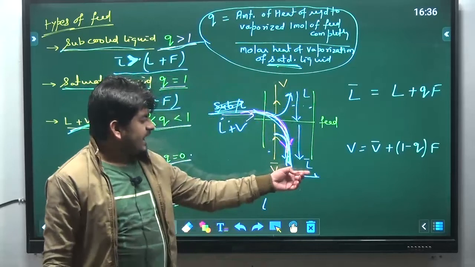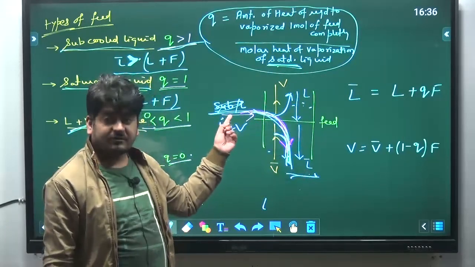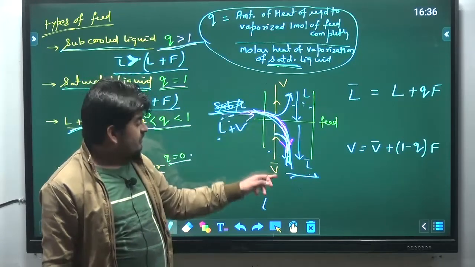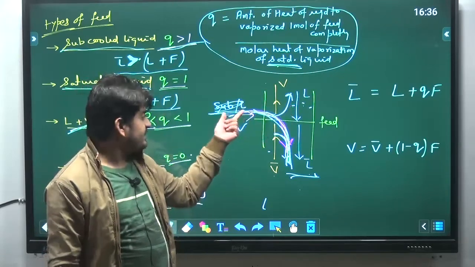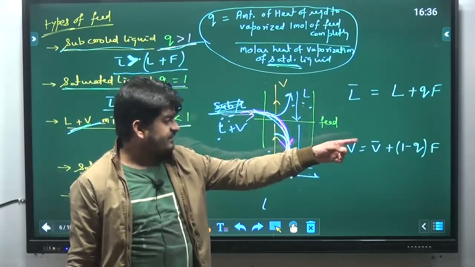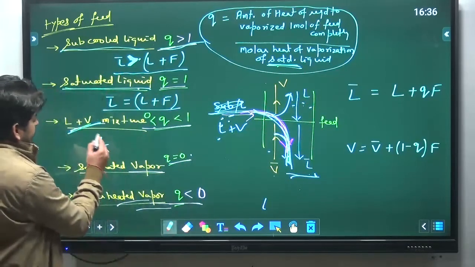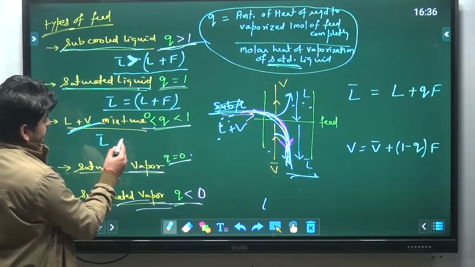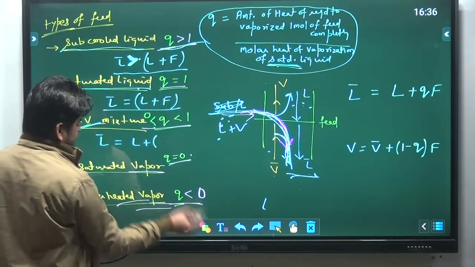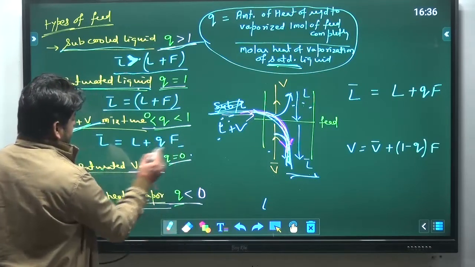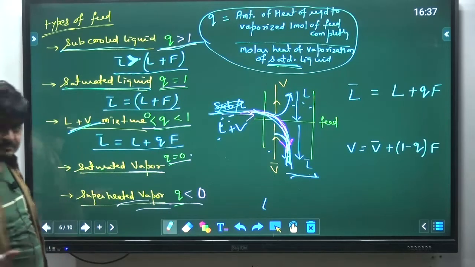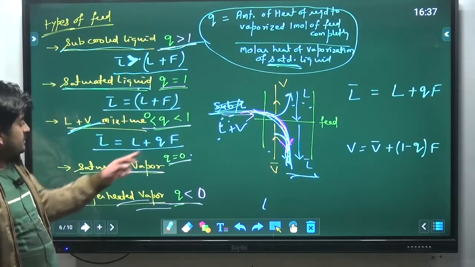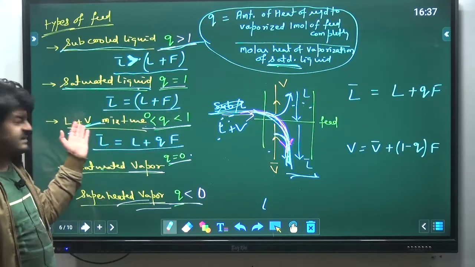Okay, so L bar will be L plus fraction of liquid coming from this multiplied by F. V will be equal to V bar plus fraction of vapors coming from this feed multiplied by F. So L bar will be equal to L plus Q times F. Simple, no problem. Okay. So Q is in between 0 to 1. You can easily understand this.